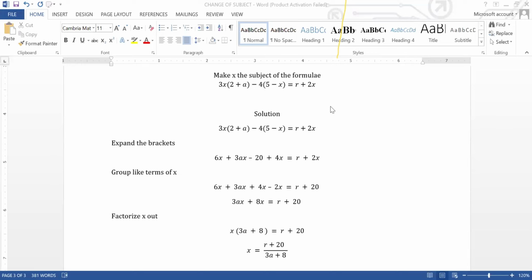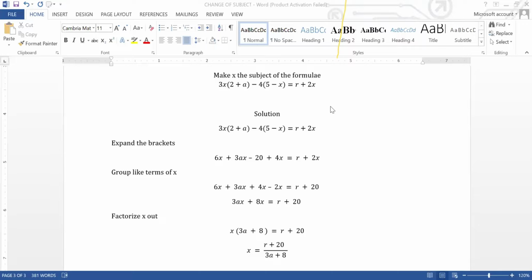So then you group like terms of x. So all the terms that contain x, you group them at one side, which we have done to have 6x plus 3ax plus 4x minus 2x, which is equal to r plus 20.